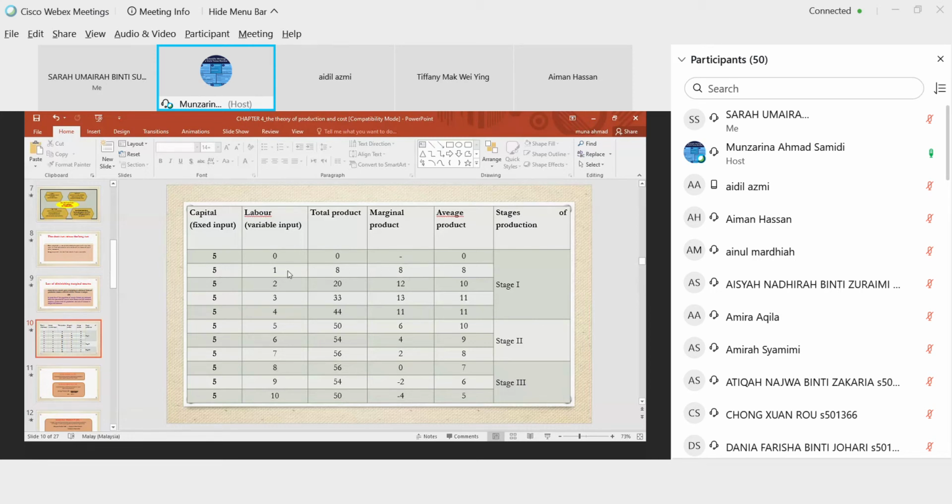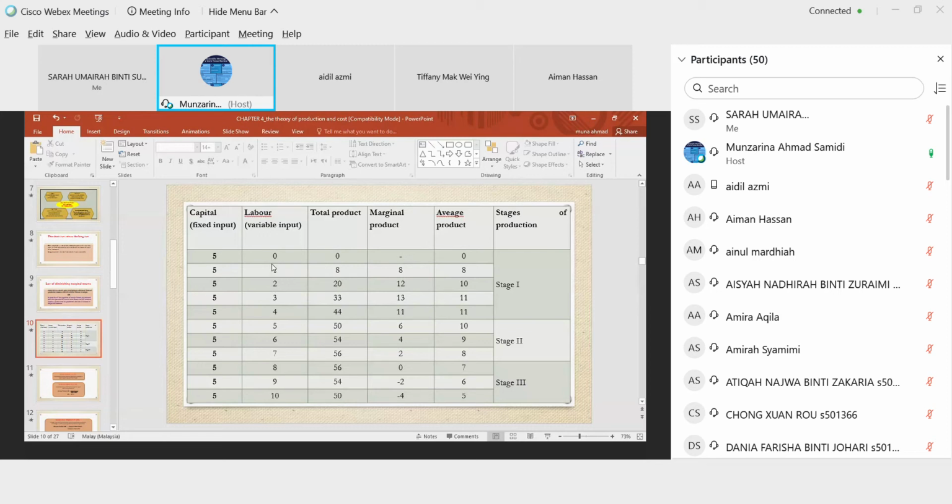We are talking about the marginal product of labor. Why? Because it is labor which we change in size. You can take one labor, 2 labor, 3 labor, so it's variable. It is labor which is the variable input. So we want to know the productivity of the labor that we employ.